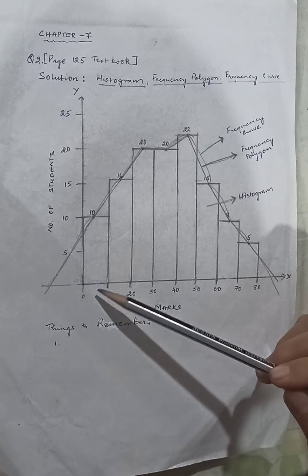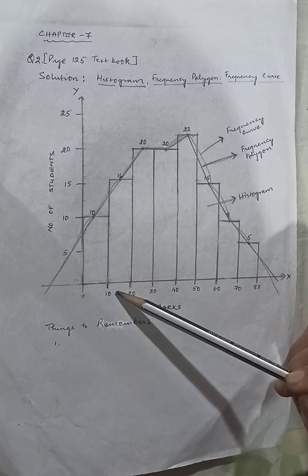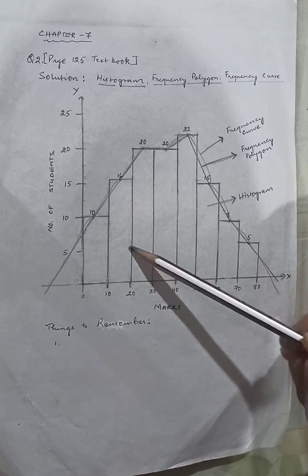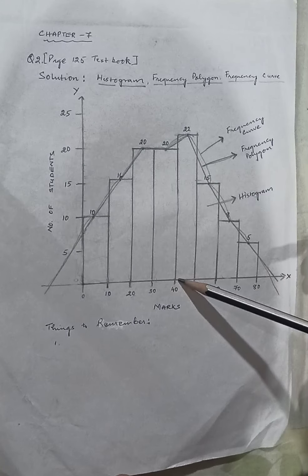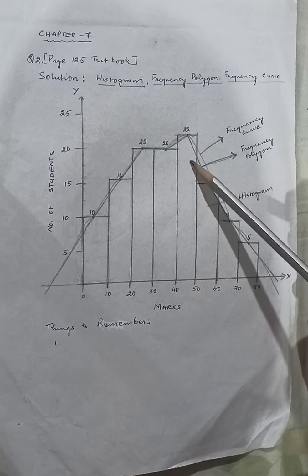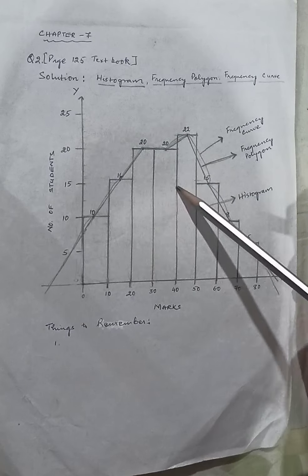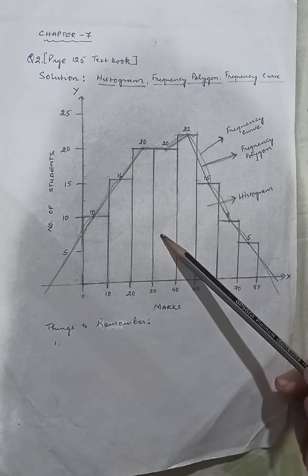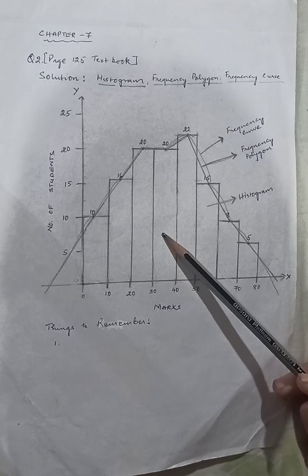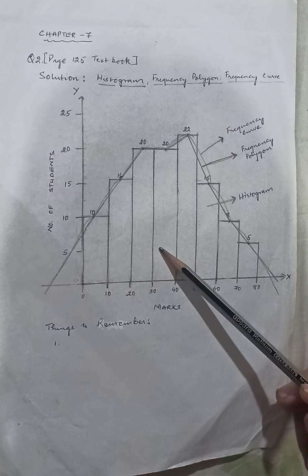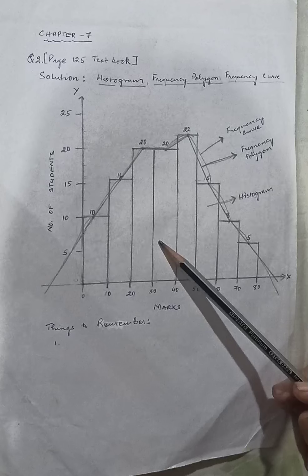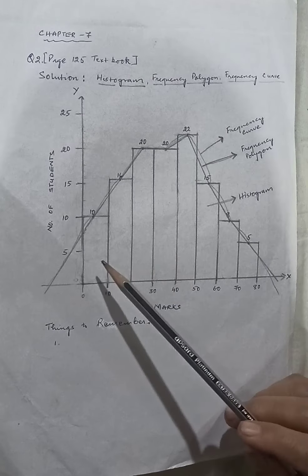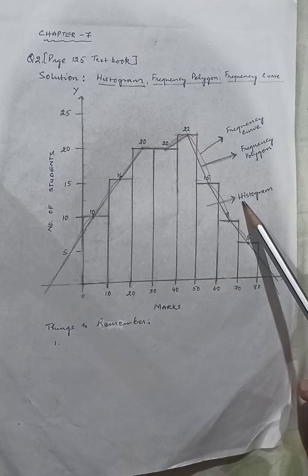So here you will see 0 to 10 is 10, 10 to 20 is 16, 20 to 30 is 20, 30 to 40 is 20, and 40 to 50 is 22. So this represents a frequency diagram. This frequency diagram can be done only for a continuous series, which we also call frequency distributions. So this is how the histogram looks.